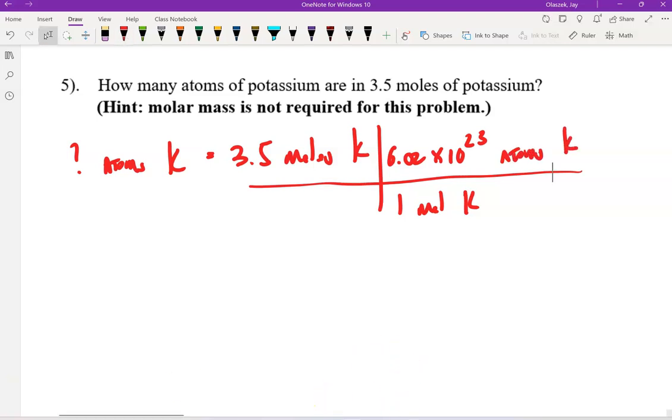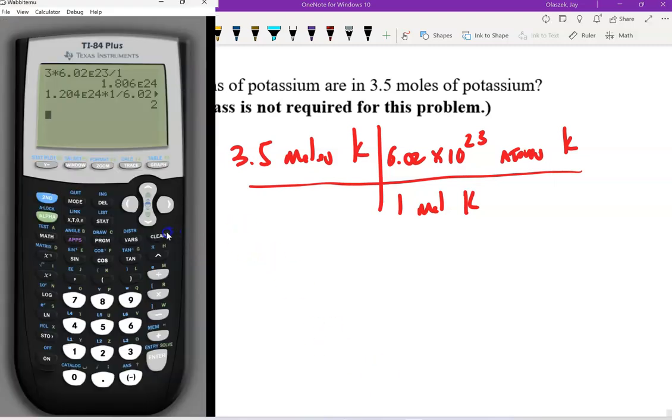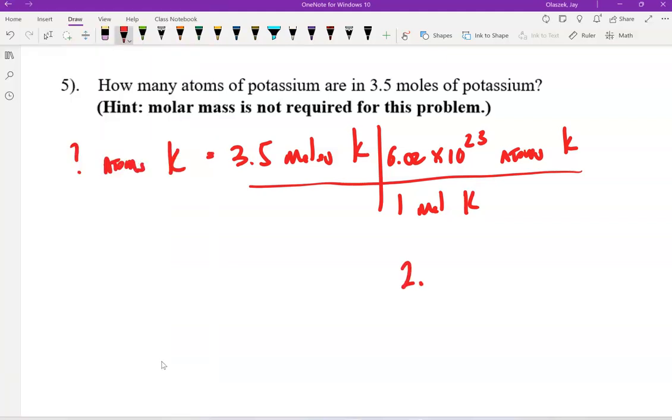All right, here we go. We're going to say 3.5, we're going to multiply across the top, so that's times 6.02 times 10 to the 23rd, and we're going to divide that by 1, which we don't need to do. And we get 2.1 times 10 to the 24th. And that is all you do. See you on the next one.